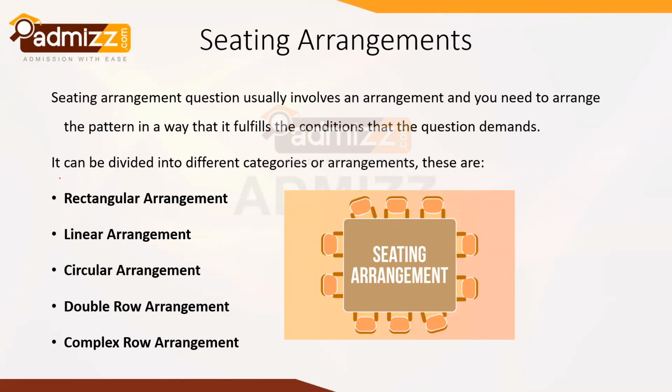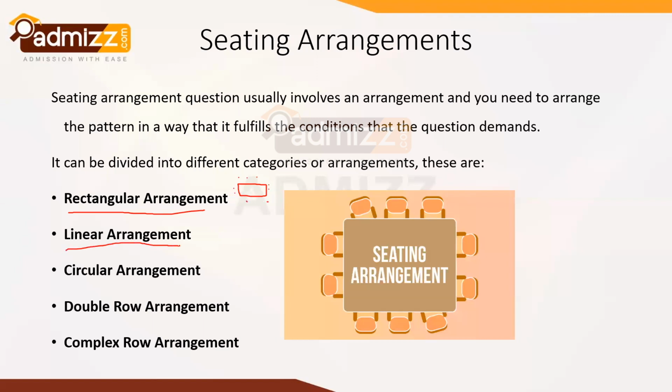All right. So now there are various categories of seating arrangements. The first one is rectangular arrangement, which, as the name implies, deals with people who sit around a rectangular sort of structure. So one sits here, one sits here, one sits here, other sits. They sit basically around this particular rectangle.